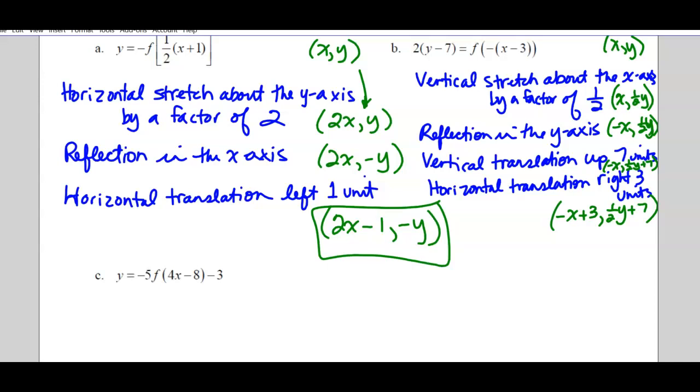So you take a look at C, start to look for some of those, and solve for y, so it's not in transformation form. That would be called simplified form. Right? Solve for y, and there's no second set of brackets inside the f.